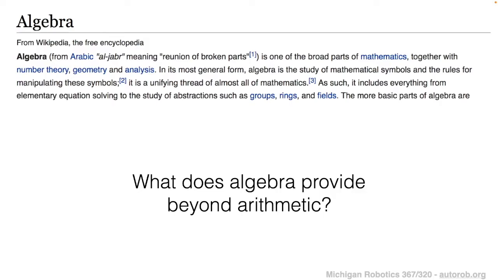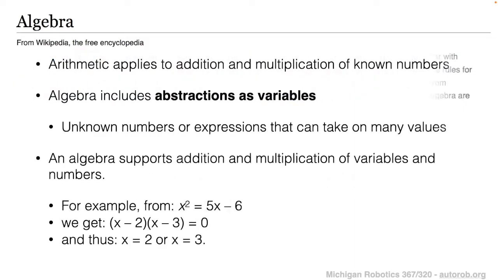Once you've maybe thought about it for a little bit, here's how we might summarize what algebra provides. Arithmetic really is just the topic of manipulating numbers with defined rules. Addition and multiplication, for example, would be operations that arithmetic allows you to apply to known numbers.